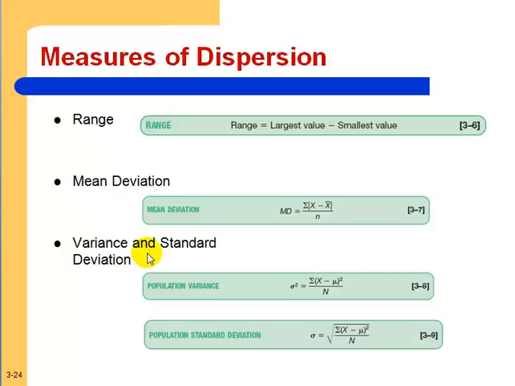So for a population whose individual values are near the mean, the variance and the standard deviation will be very small. For populations whose values are dispersed from the mean, the population variance and the standard deviation will be large.